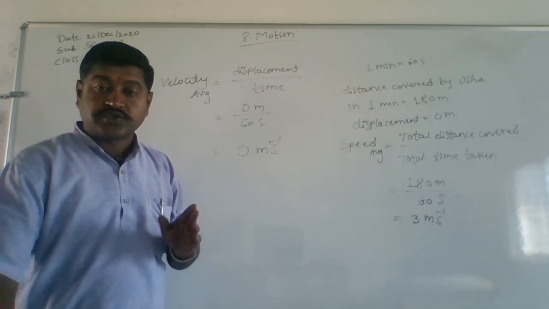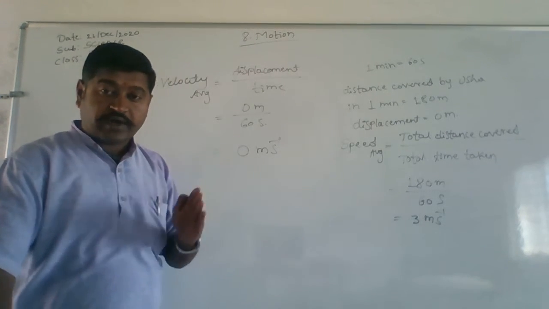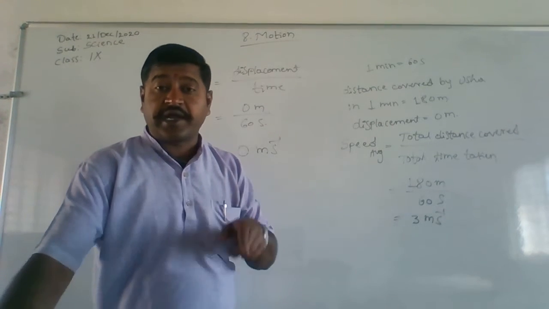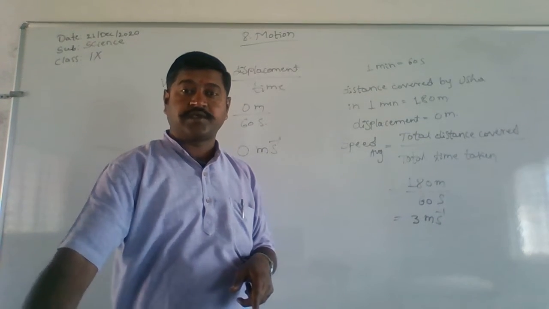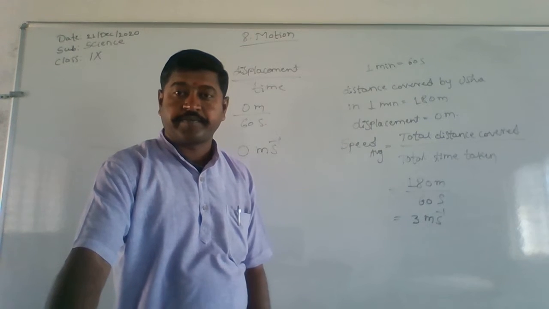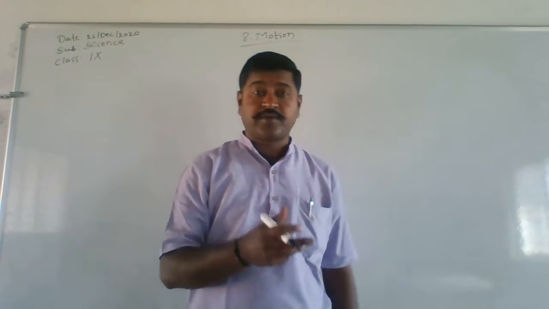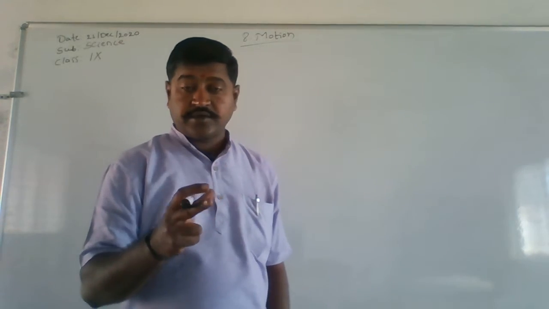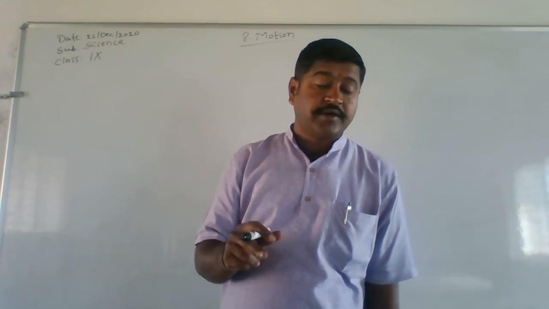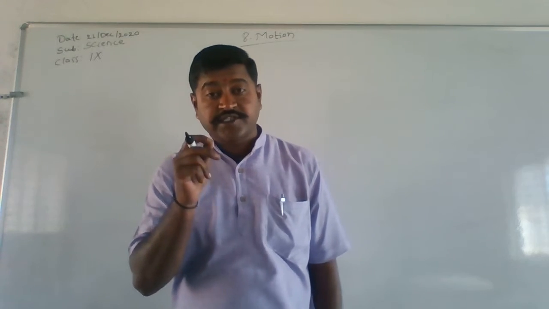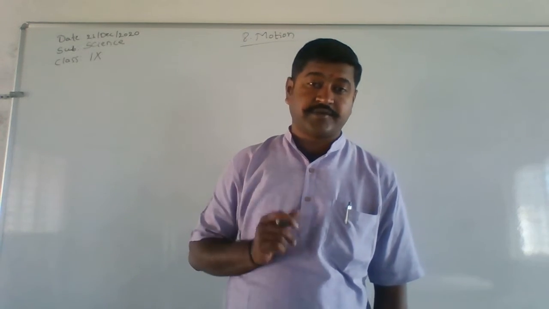Understood? So speed is positive, but velocity can be positive or negative. Is this clear? Okay, that was how the problem was, right? So velocity has become 0 there, but the average speed is 3 meter per second, right?